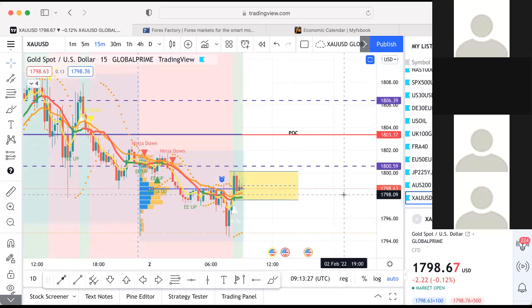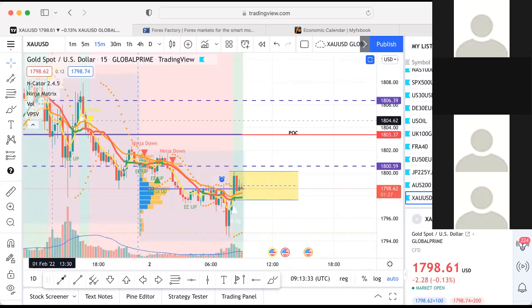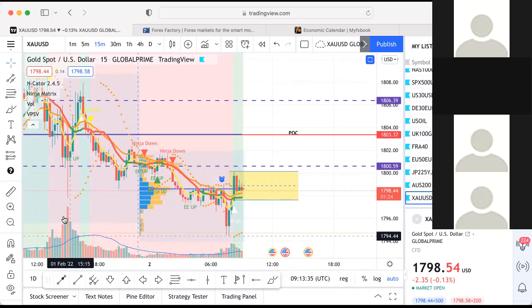Because at 1 o'clock in the afternoon, if I put the volume on and look at there, which was about 3 o'clock yesterday afternoon, you just see that wick down there. It's a massive move.